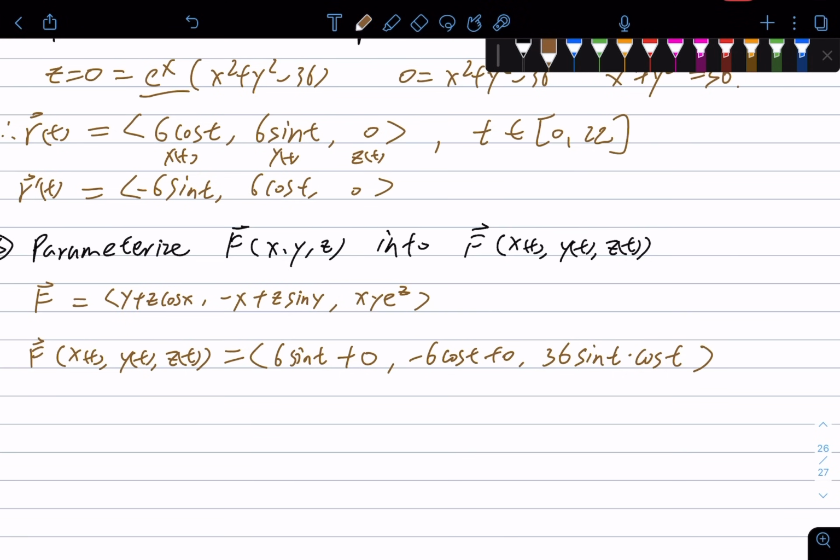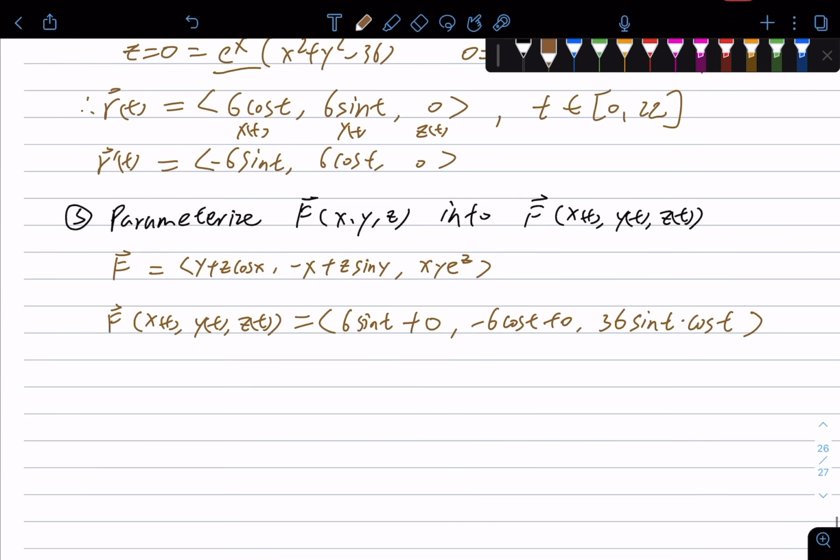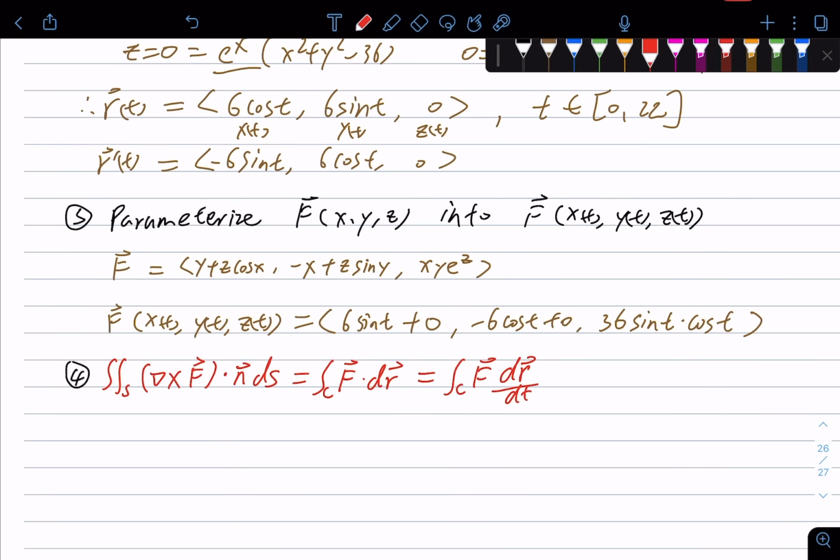Okay. So now we can finally utilize Stokes' theorem. Stokes' theorem is defined as follows: the surface integral of del cross f times the normal vector dS equals the line integral over the boundary curve of f dot dr. This is not really a useful definition, so I'm going to rewrite it as the integral of f dot dr dt. dr dt is just r prime, and then dt.